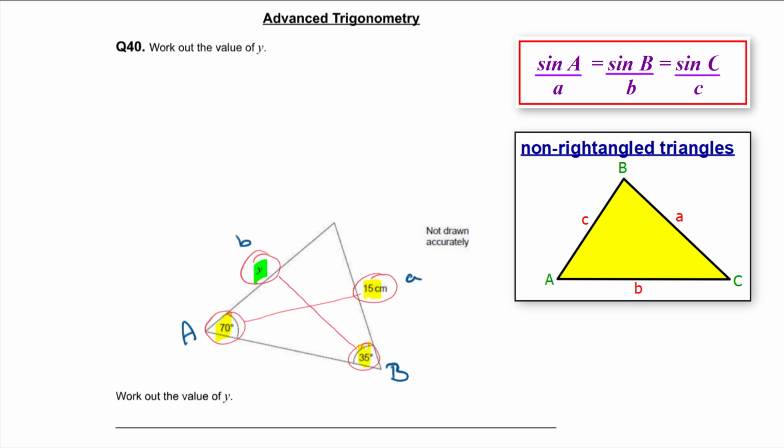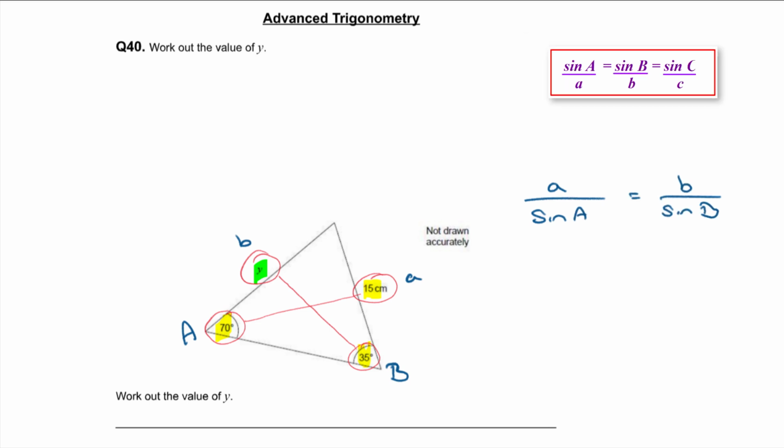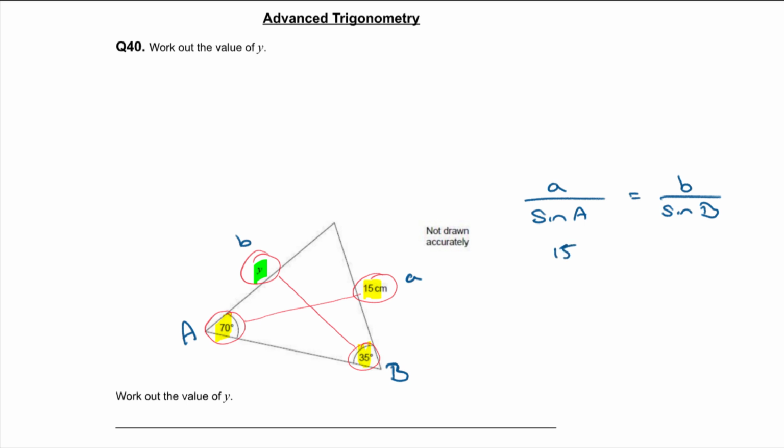Okay, so I'm going to start with the sides on the top. So I've got a over sine A is equal to b over sine B. Now you'll see there's 4 things here. I know 3 of the things. I want to find the 4th thing. So sub in what I know. a is 15. Sine A is sine of 70. b is the thing I want to find. And sine B is sine 35, isn't it?